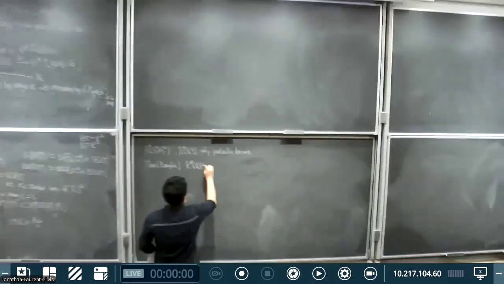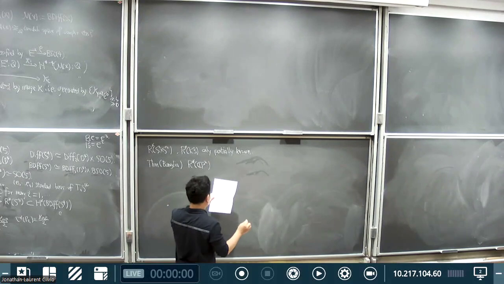For example, Galatius, Randal-Williams and others have a lot of work in this direction. And so today I want to present a result by David Baur, which essentially says that we have completely computed the topological ring of CP2.